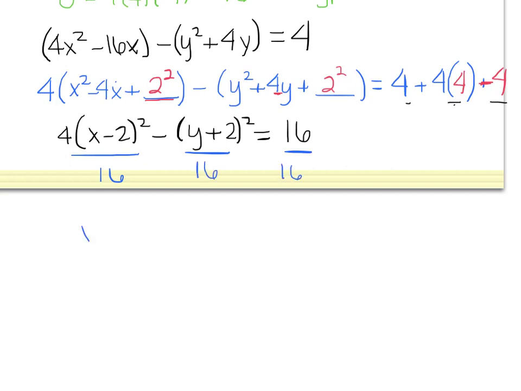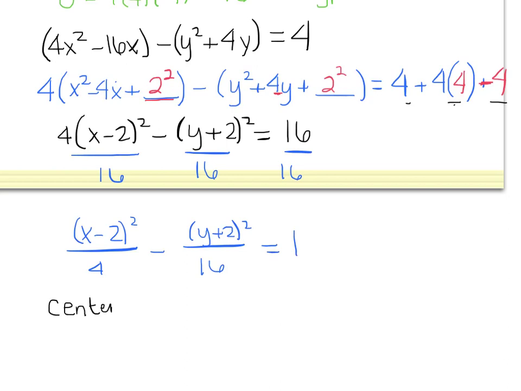So I end up with a quantity of x minus 2 squared divided by 4 minus the quantity of y plus 2 squared divided by 16 equals 1. So I can go ahead and identify my center point. So the center is at the point 2, negative 2.